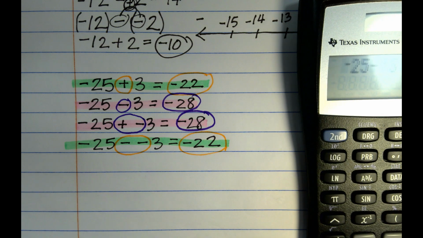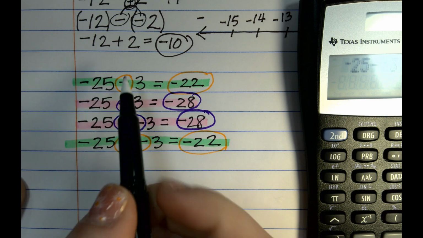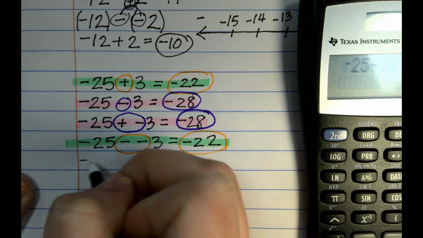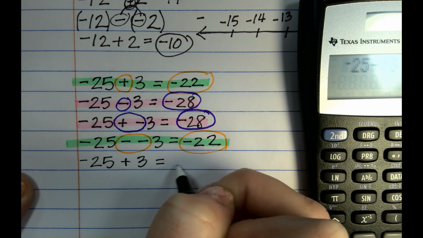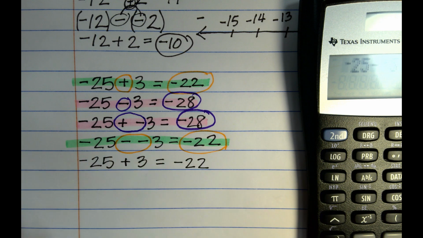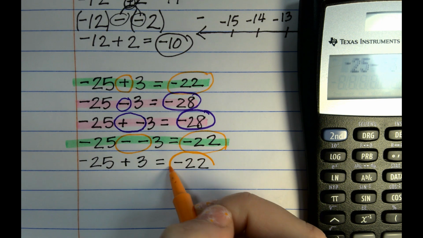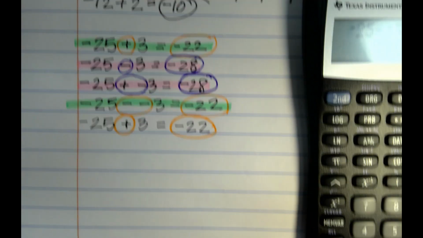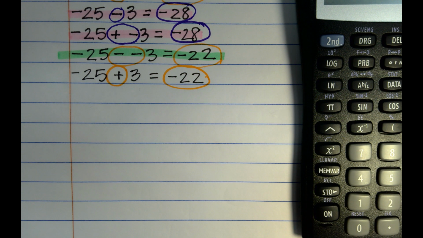Let me see if I can pull this out and make it make a little more sense. I'm going to move this up so that we only see what we need. We just need these four.